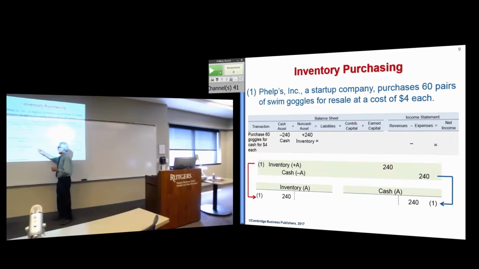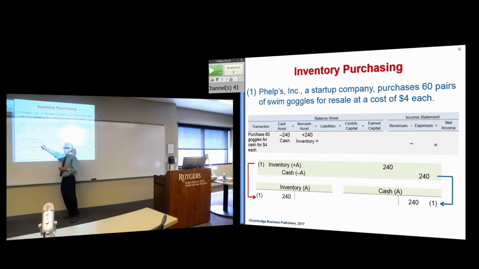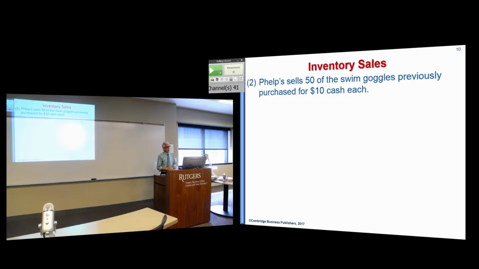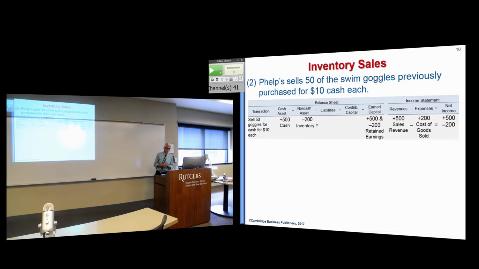Even if you bought the inventory on credit and credit accounts payable, it's not really an issue. Then when you sell the inventory, we generally make two entries. So we're going to sell the inventory, we're selling 50 of them for $10. So we're going to have total revenue in this case of $500 and cost of goods sold of $200. So let's see how that would work.